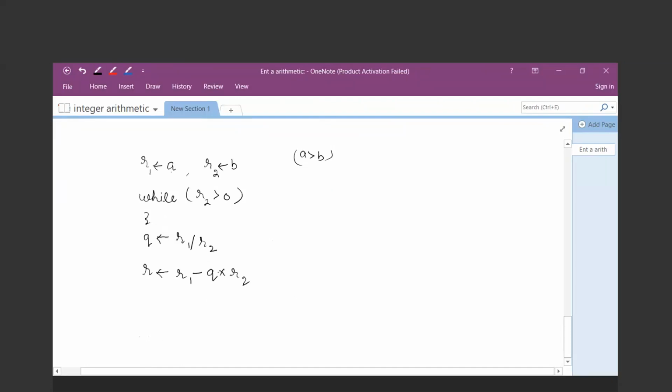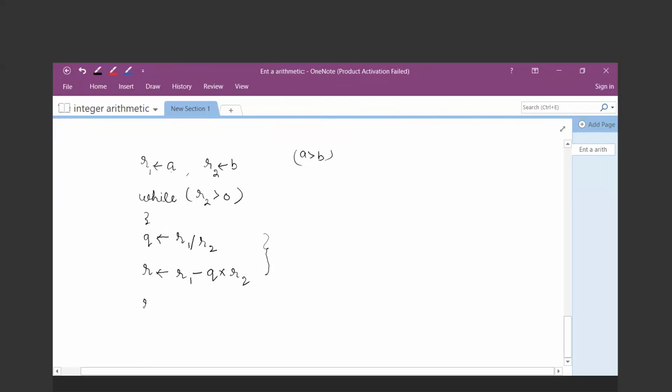Your R1 and R2 are given to you, and your quotient is already calculated. So by putting the values of R1, R2 and Q, you easily find the value of R. After calculating these two values, the third step is to update the values of R1 and R2.